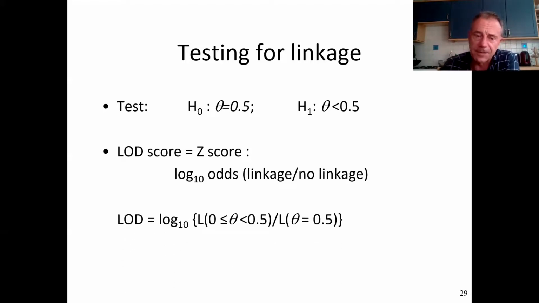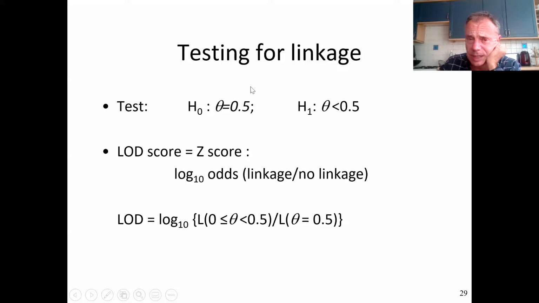So we're going to take the log of that, and this is the notation for a likelihood function. This is the likelihood for some range of values of theta between 0 and 0.5.